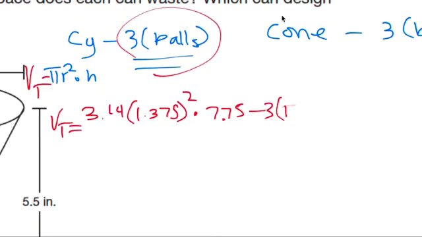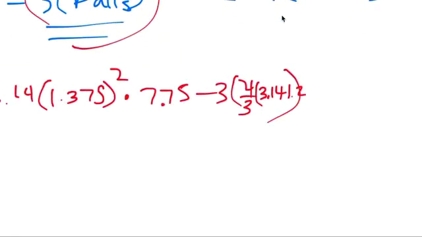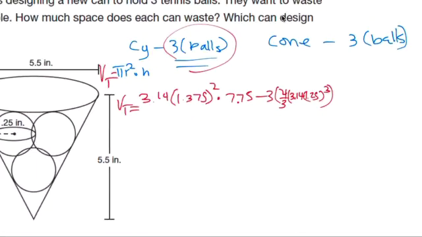Forgot the formula. 4 over 3 pi r cubed. And then pi is 3.14 times the radius, 1.25 cubed. Get that answer, subtract it, and you see what's left.